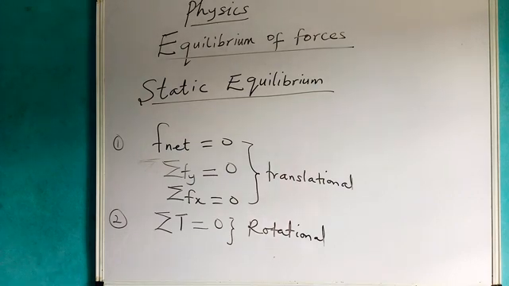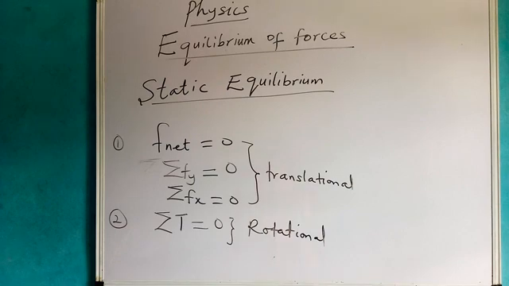I think at this point I can draw my conclusion. This is just an introduction to this aspect of equilibrium, the one that has to do with static equilibrium. Please don't forget these two conditions.